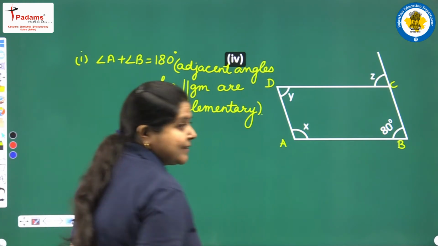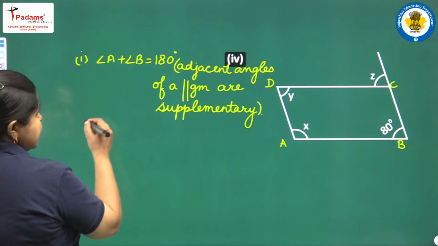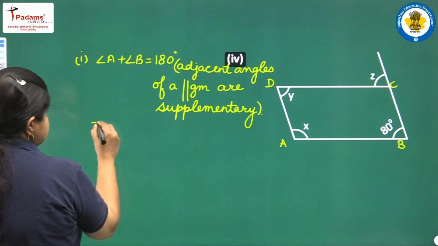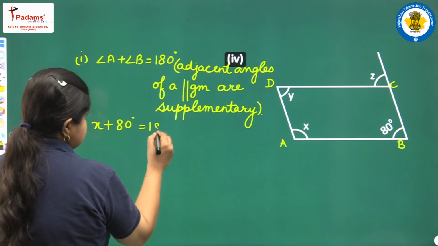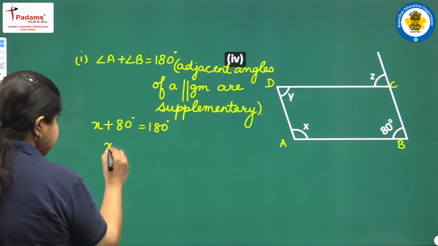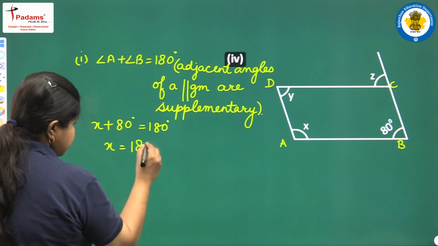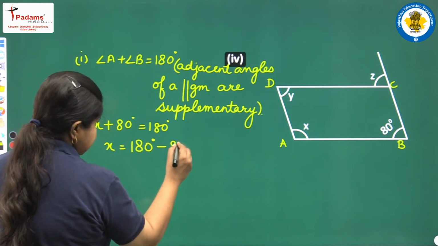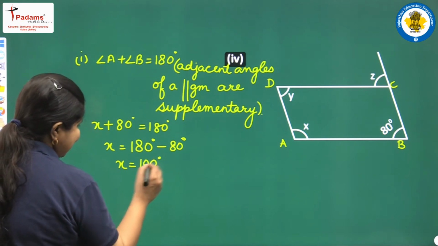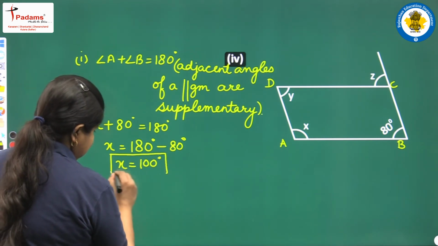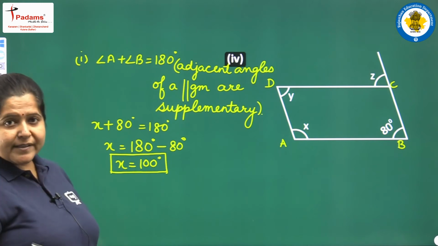Clearly A and B are the neighbors here. Okay. So this gives us x plus 80 degree equal to 180 degree, or we can say x equal to 180 degree minus 80 degree, or we have x equal to 100 degree. So this is the first one.